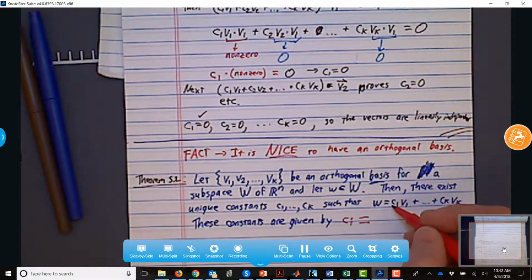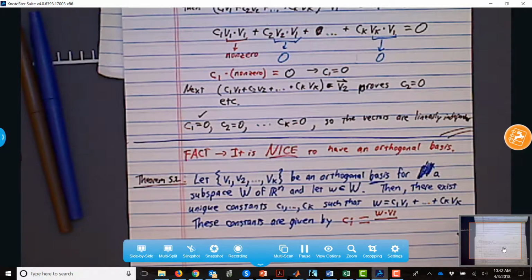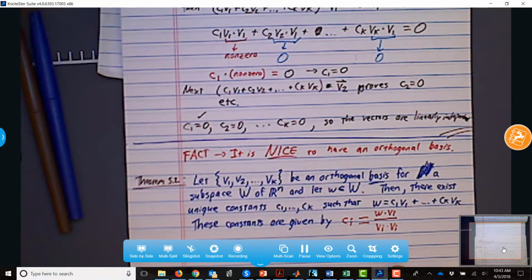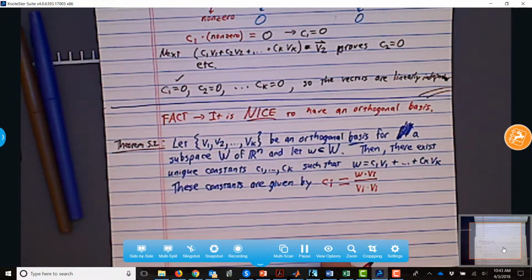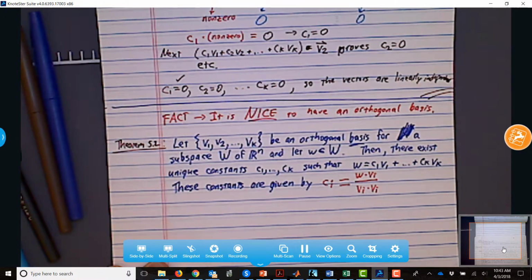So it's equal to w dot vi. I'm using i, so it'll work for C1, but it'll also work for C2 and everything up to CK. So it'll be w dot vi over vi dot vi. Okay? So that's what we have.